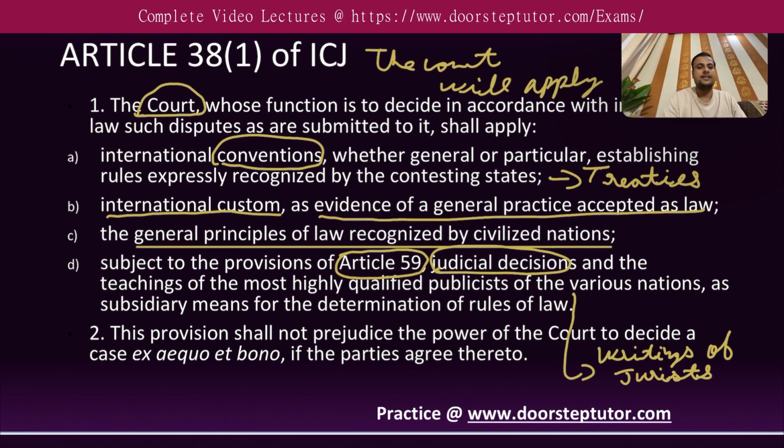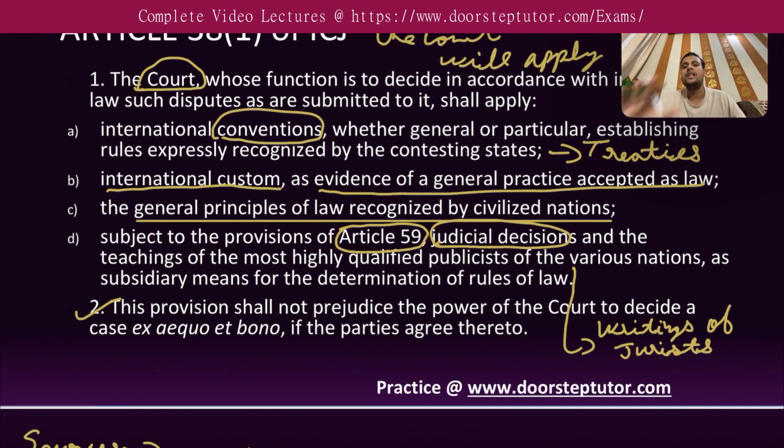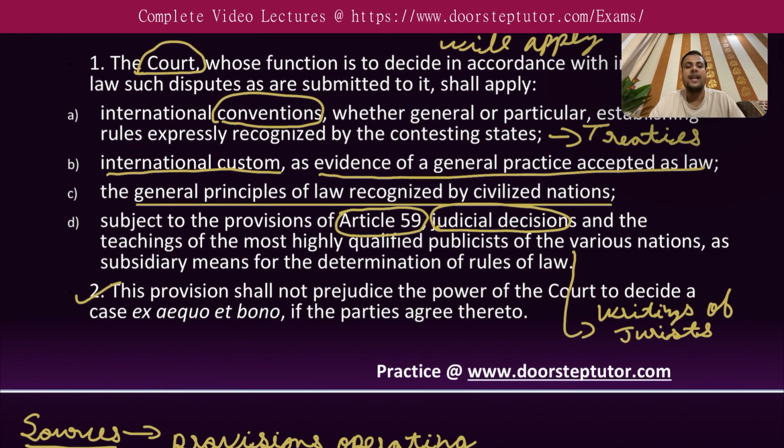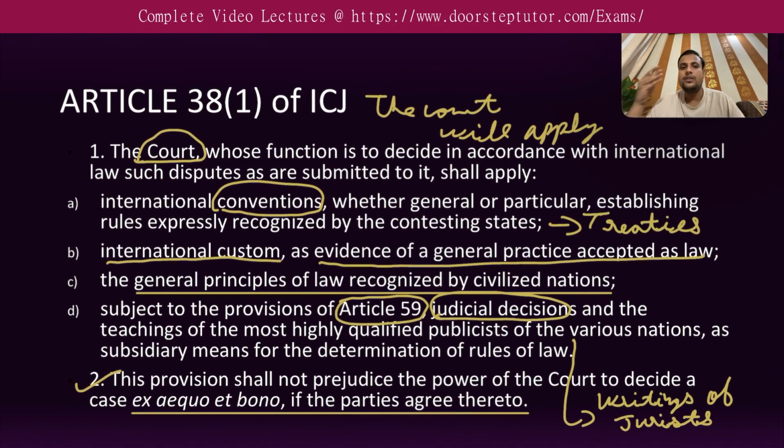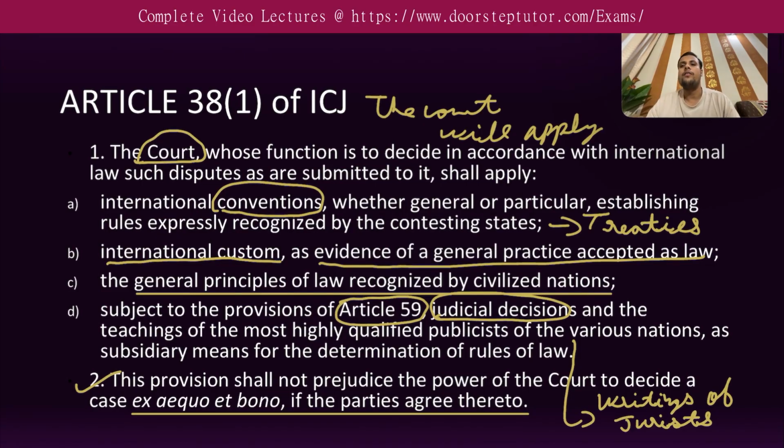Further, in the second subclause, we have said that these are not the only sources. Okay, the court can decide cases on the basis of ex aequo et bono, on the basis of good faith, if the parties agree. Okay, so these are the different sources of international law, keeping in mind Article 38 clause 1 of the International Court of Justice.